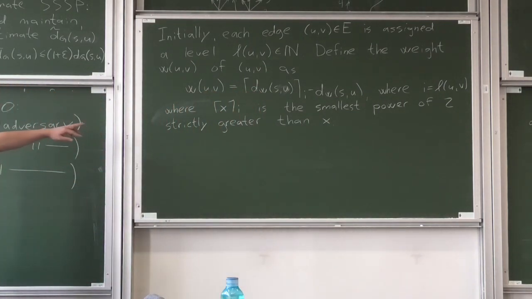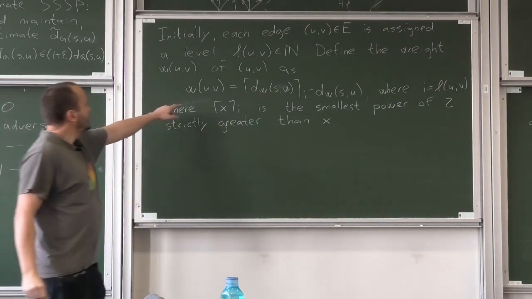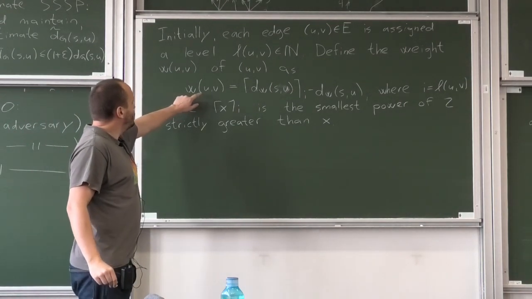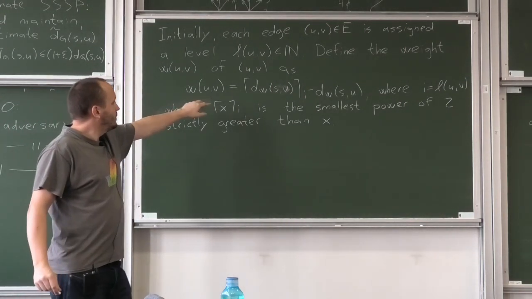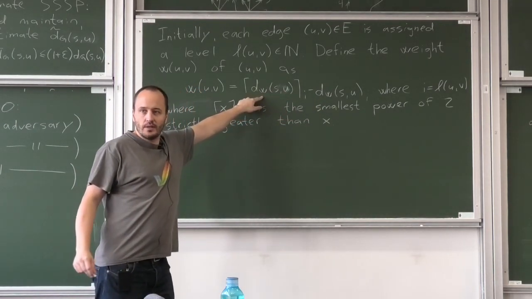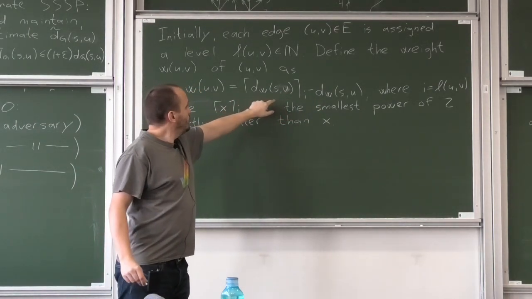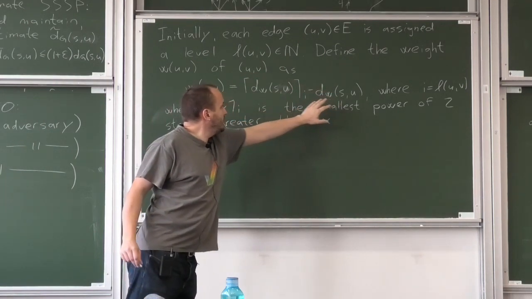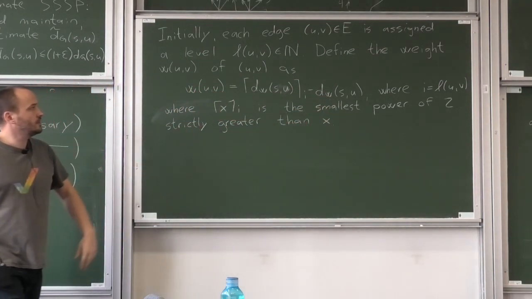Okay, so this is quite weird because I'm defining the weight of an edge, but the right-hand side of the definition also depends on the weight function. But notice the right-hand side doesn't depend on v, it only depends on u.